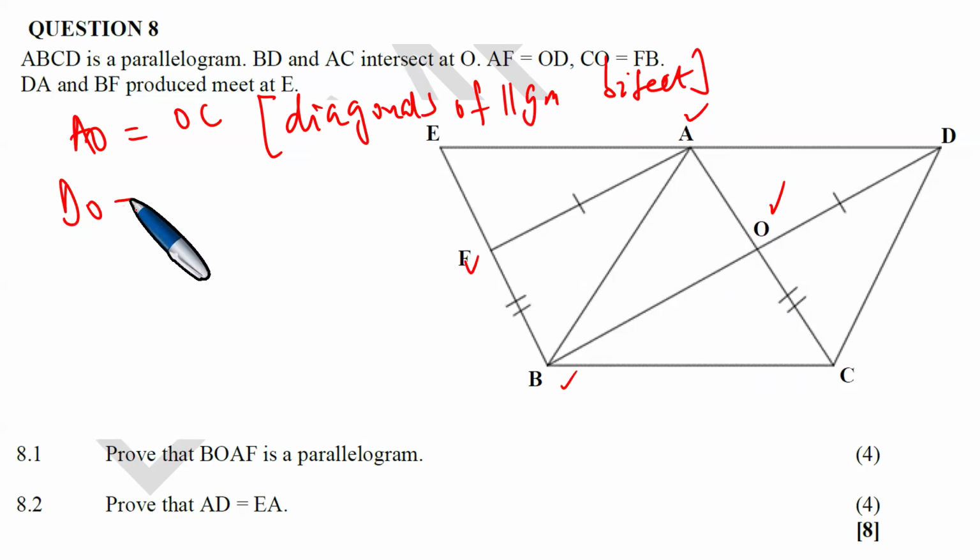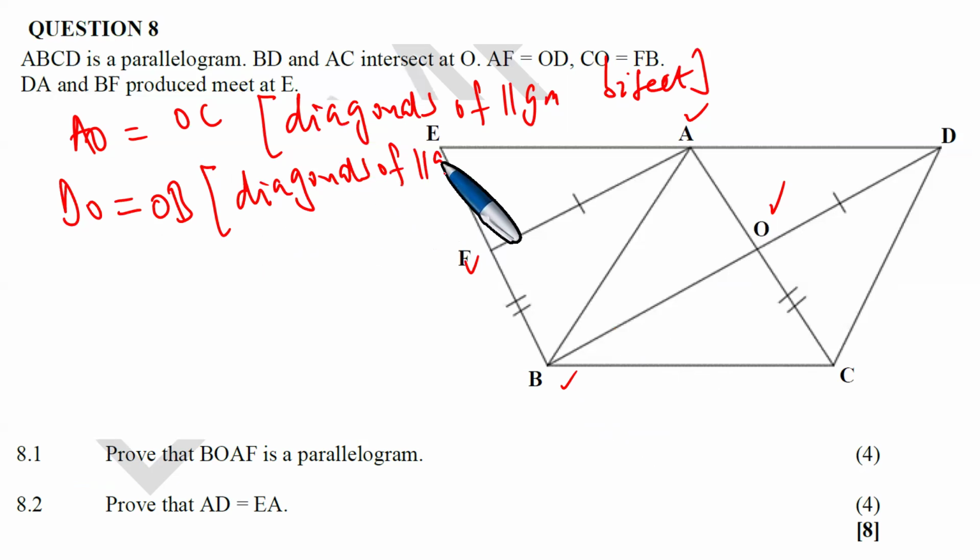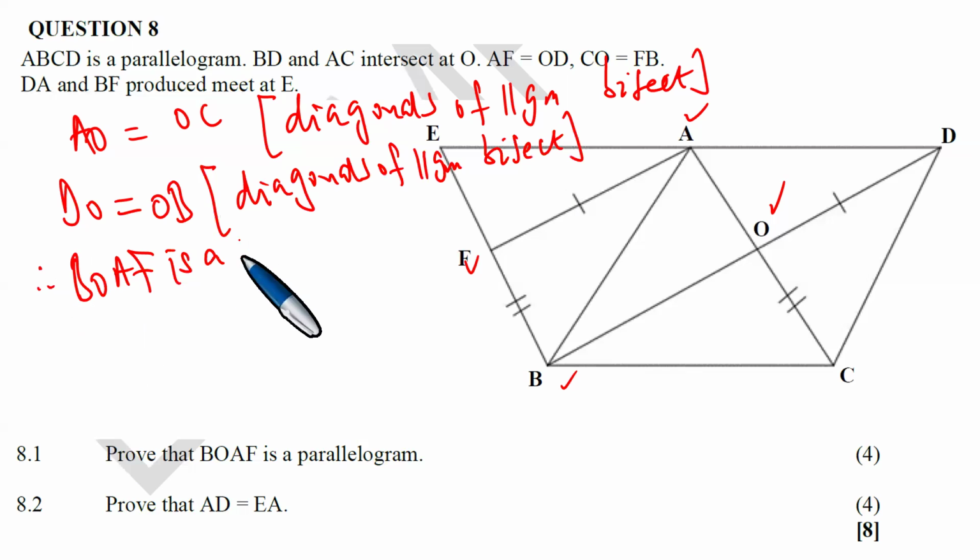DO is OB. Also we're able to see that DO is OB. Diagonals of a parallelogram bisect. Because we know that ABCD is a parallelogram, so AO is OC, diagonals bisect. DO is OB, diagonals of a parallelogram bisect. Therefore, BOAF is a parallelogram.